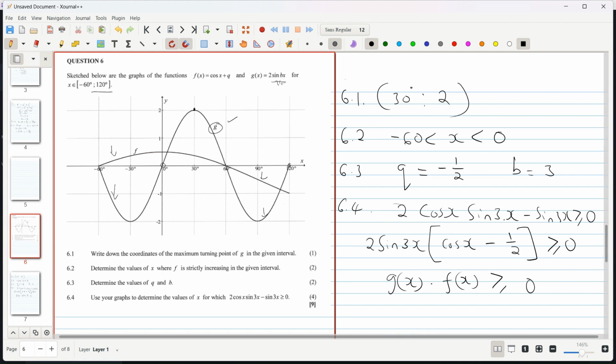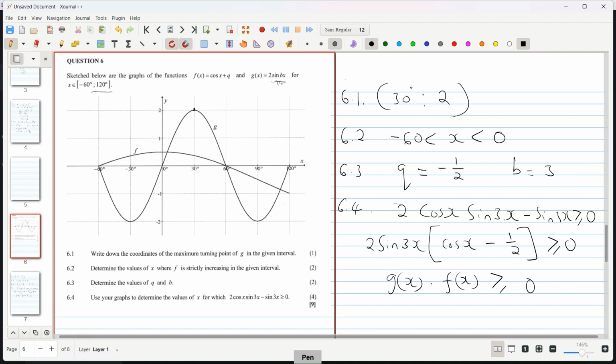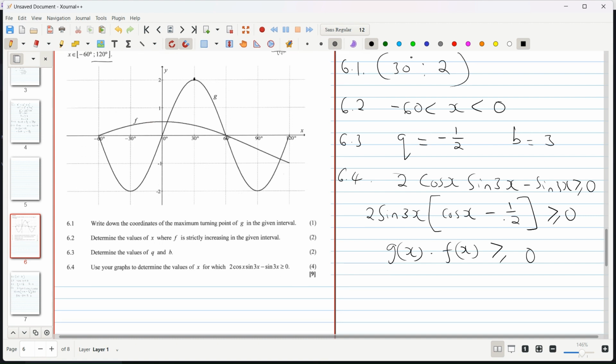So you can see from 0 to 120, this function is positive, right? So the product of these two functions from 0 to 120 is positive.